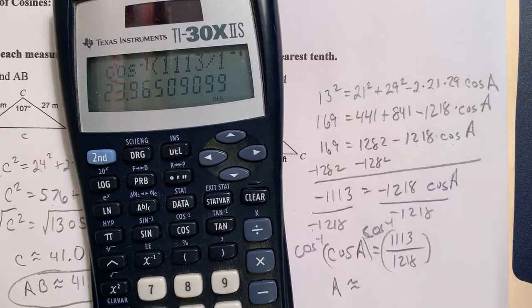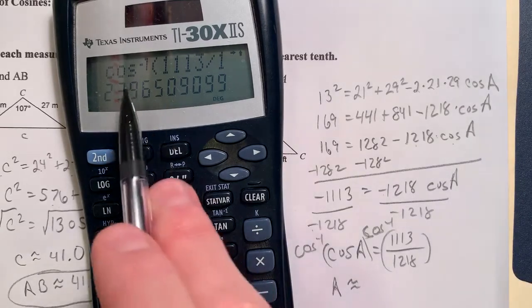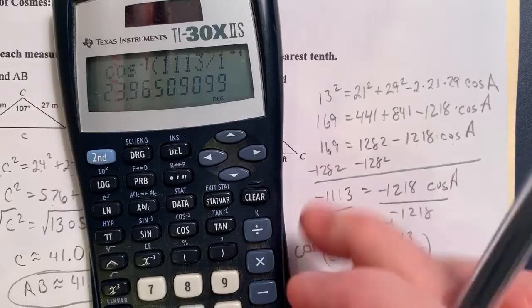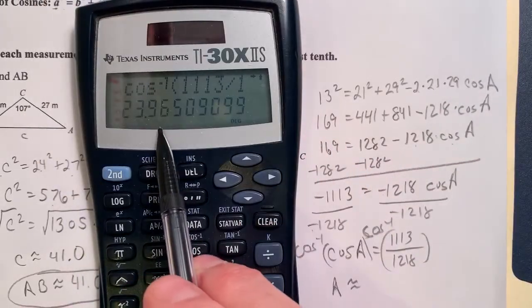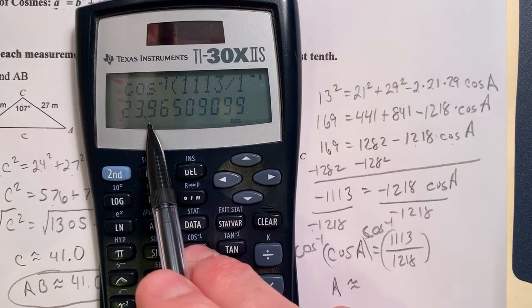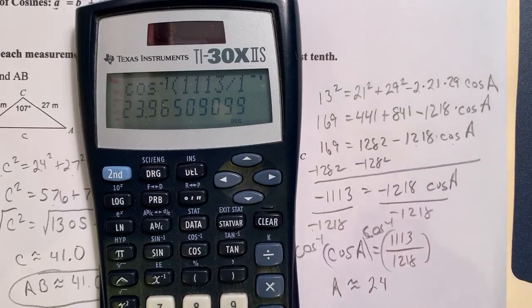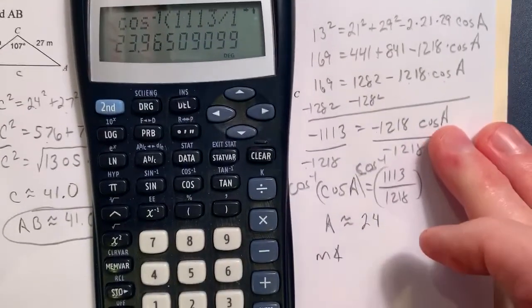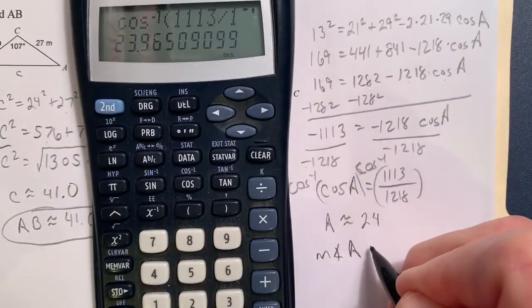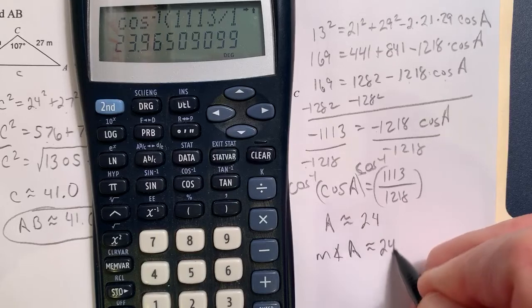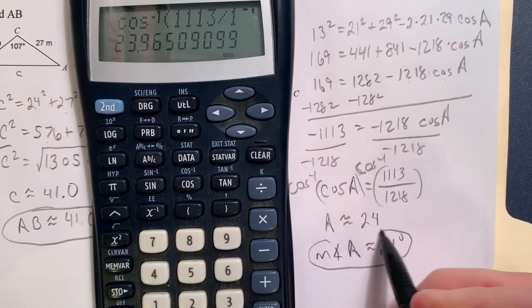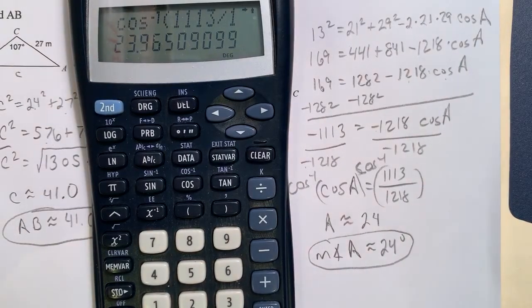And then I'm going to end up rounding that to the nearest tenth, but if I go look, I'd have to look at this one, which punch that up. So we're looking at 24. So the measure of angle A is about 24 degrees. And that's how we use law of cosines to find the measure of an angle.